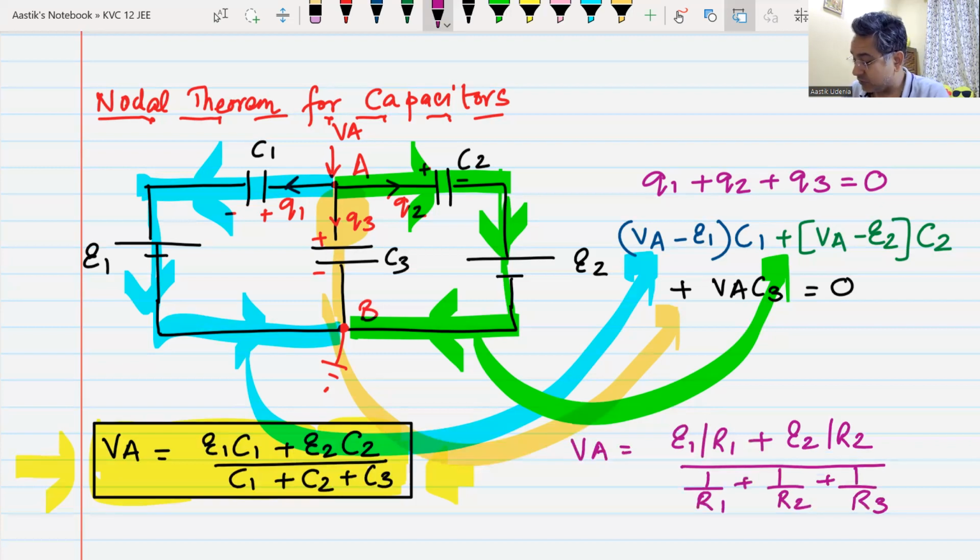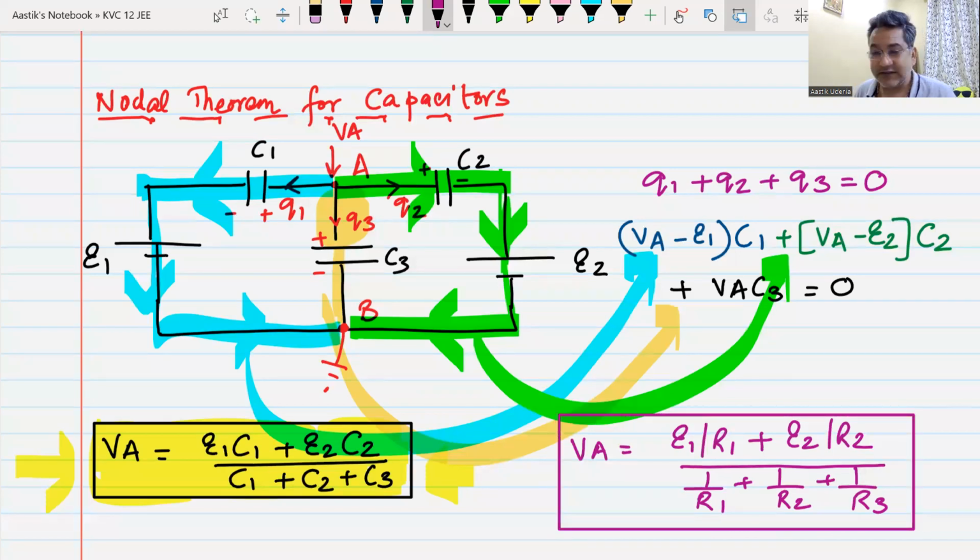As you can see, both the equations are exactly similar. The only difference is in place of 1 by R1, you have C1, and that will always come whenever you change over from a formula for resistor into the formula for capacitor. If capacitor is in the numerator, resistor will come in the denominator.